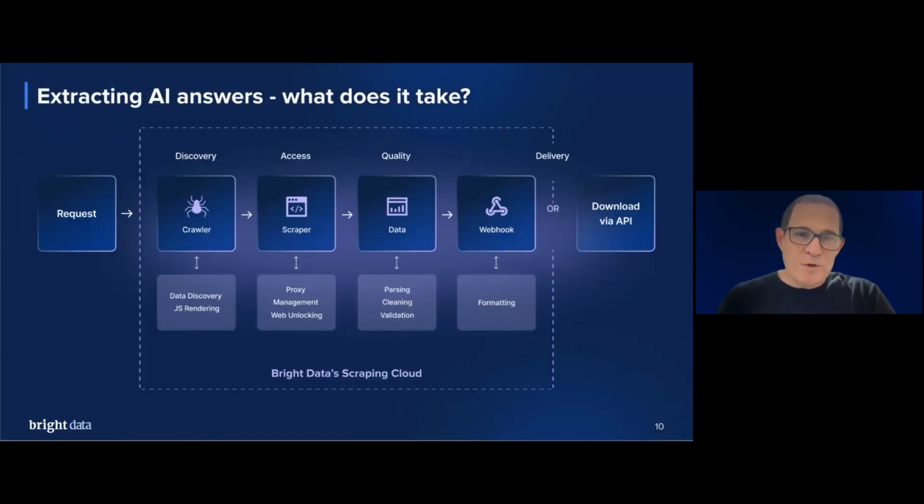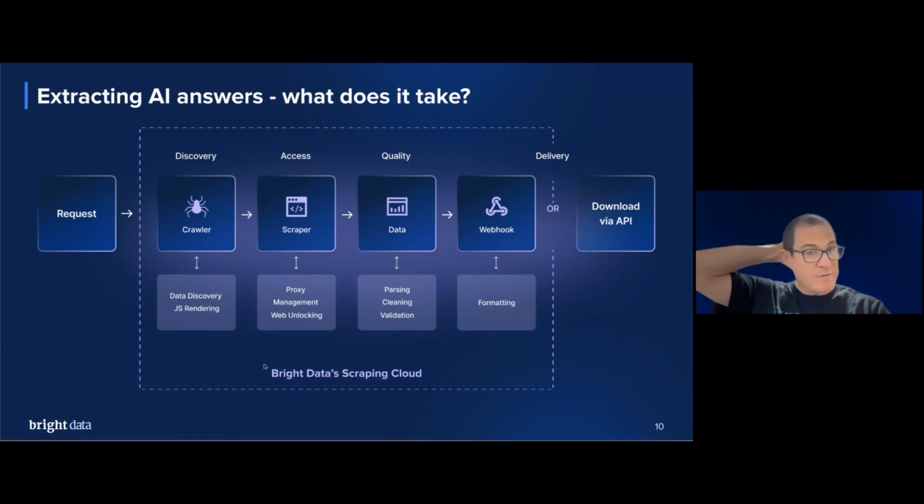All right, so let's talk about extracting AI answers. So what does it take? It's not easy, okay? So what you're looking at here is basically the technology stack that we have developed. You, as search marketers, you put in your request, and then there's a whole lot that goes on under the hood. We need to crawl, we need to discover the pages, we need to render them in a browser. We're going to see that in a minute.